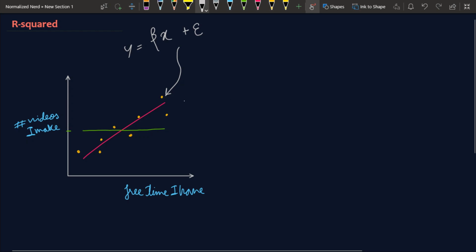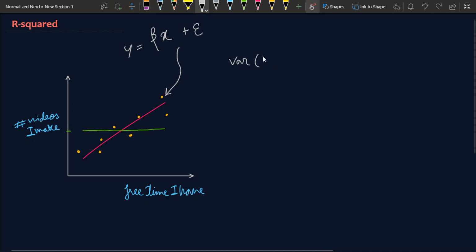and R squared uses a statistical measure called variance. Well, what is variance? Variance generally means how much spread out our values are around their mean. Okay, so if we write the formula of variance, we can write it something like that. So variance of x, well, let me use some other variable because this x will cause you trouble.